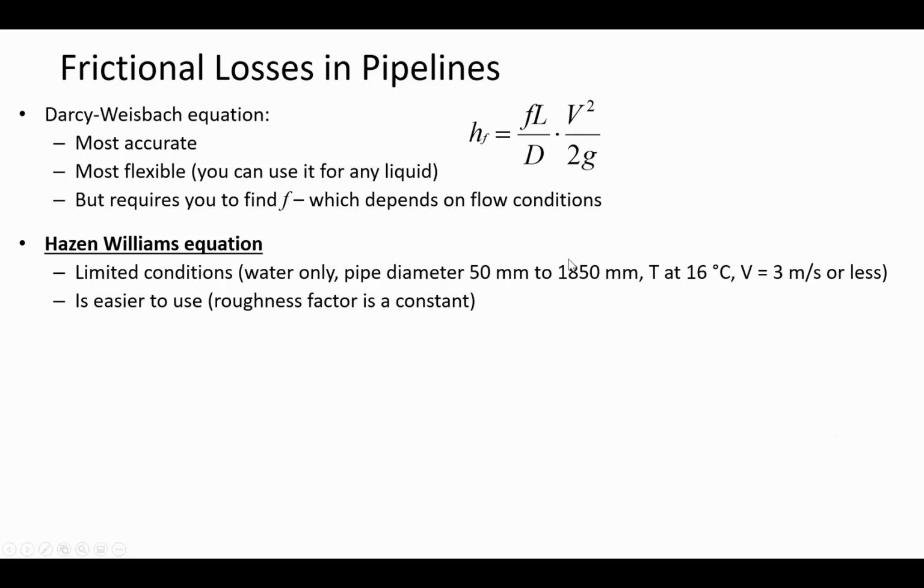So the same thing is true with the temperature. 16 Celsius is the specific temperature that this equation is calibrated to. And you may be wondering, well, why a temperature? Temperature wasn't a factor in the Darcy-Weisbach model, and it's not directly, but of course temperature affects viscosity.